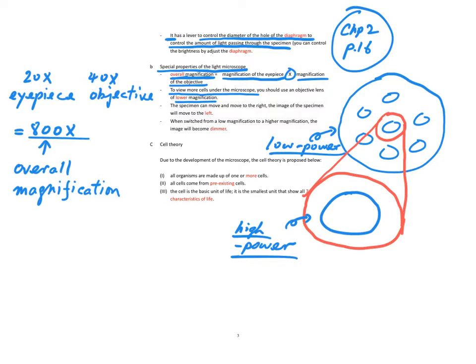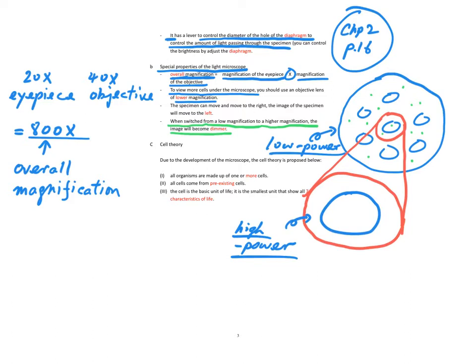Next, when switched from a low magnification to a higher magnification, the image will become dimmer. So imagine the green dots here are the light rays passing through the low power magnification's field of view. Imagine how many light rays will be passing through the high power magnification.